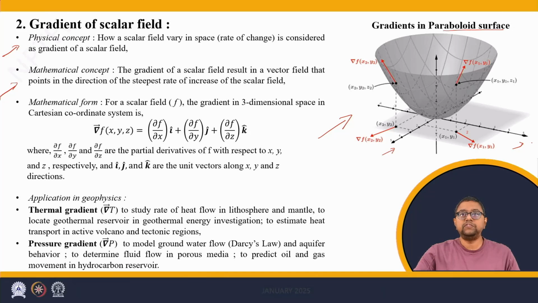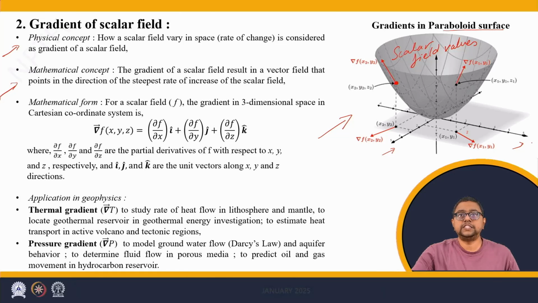The values of the scalar field assume a paraboloid structure. Now, at any point as shown here on the paraboloid surface, we can look into the gradients in various directions.